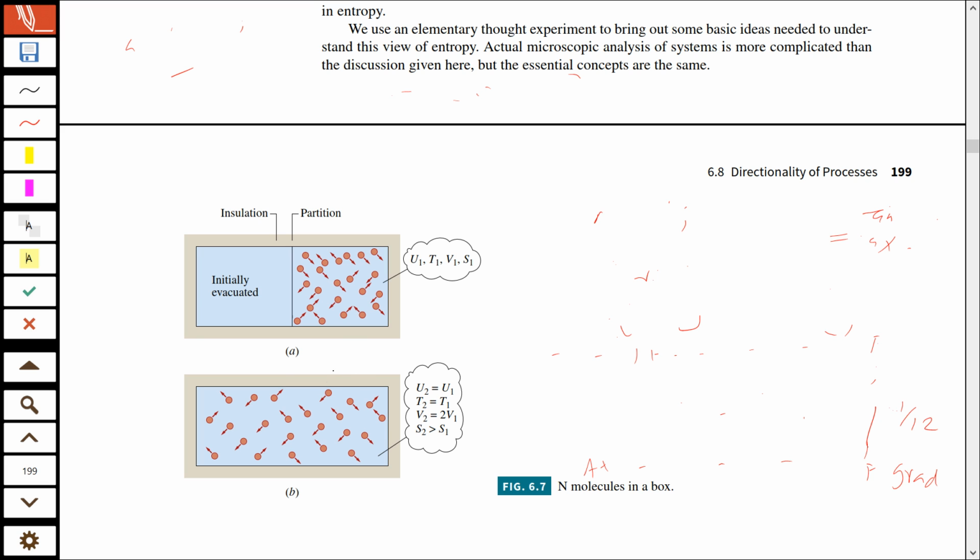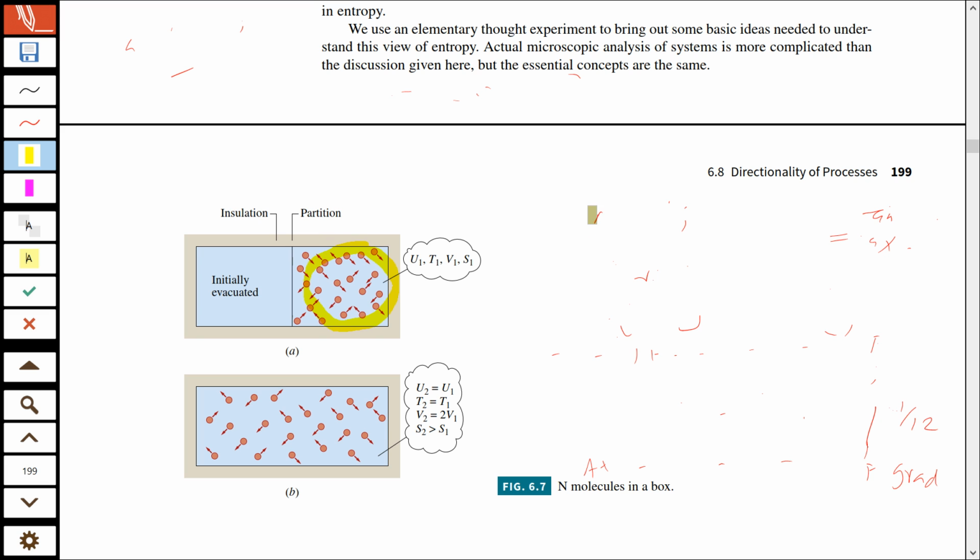So part A में आपको क्या नजर आ रहा है पिक्चर देख के? You have a tank and you have a partition, and one part is empty, there's nothing, or you have somehow evacuated it, and in the other half of the tank you have molecules of some gas.